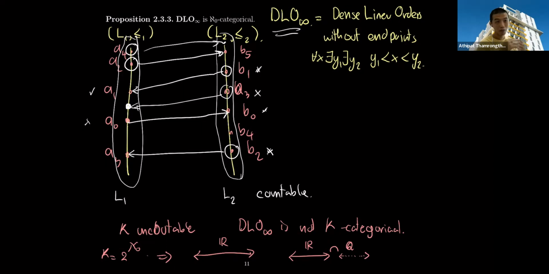By doing it this way, you can see that these two are not isomorphic, because if you cut it somewhere around here, it will mean that on this structure you have only countably many objects, but on this one it has uncountably many objects. So they cannot be isomorphic.